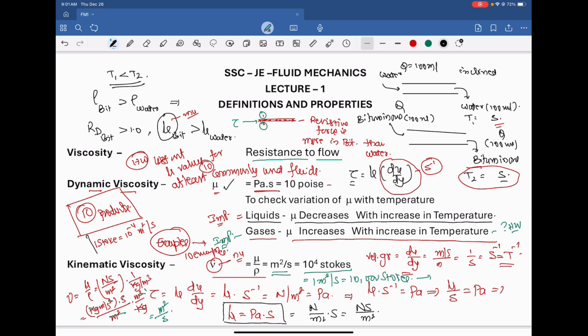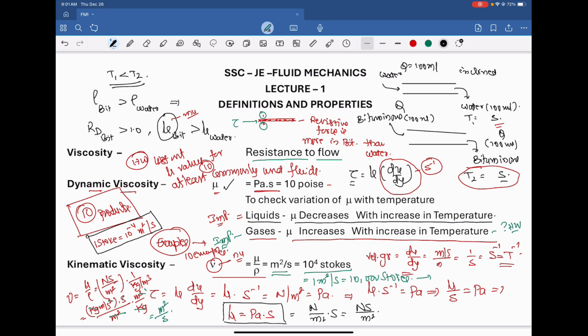Sometimes SI units may not be practical for use in the industry. Hence, some other derived units are used, and for kinematic viscosity, Stokes is used. For dynamic viscosity, Poise is used. Please remember this.